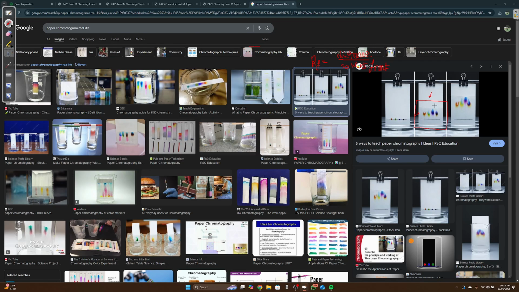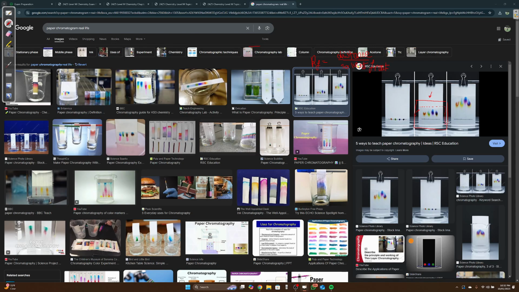So if I were to find the RF value for these ink dyes, I wouldn't divide the distance traveled by the ink by the whole paper. No, I'm not going to do this. I'm going to divide the distance traveled by the ink by this distance over here, because this is the furthest distance that the solvent traveled.